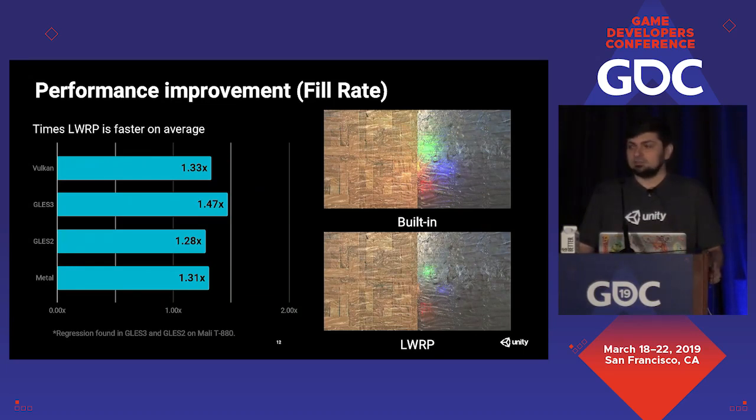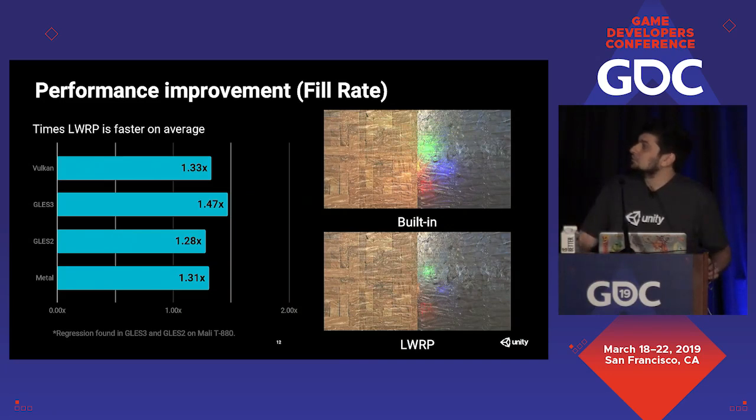Since this is an average, some devices will perform better or worse than that. It's important to say that lightweight is currently not faster on every device that we tested. There are a couple regressions we found, but we're taking them as bugs and we're fixing them at the moment.